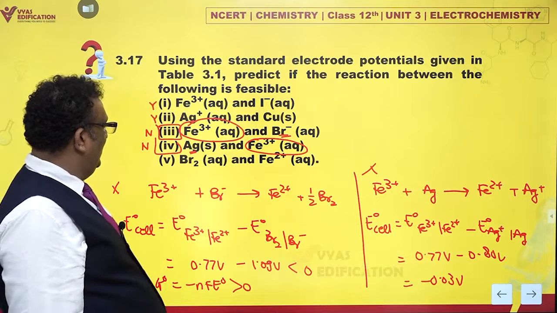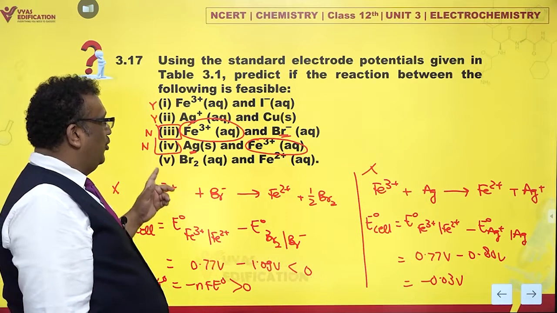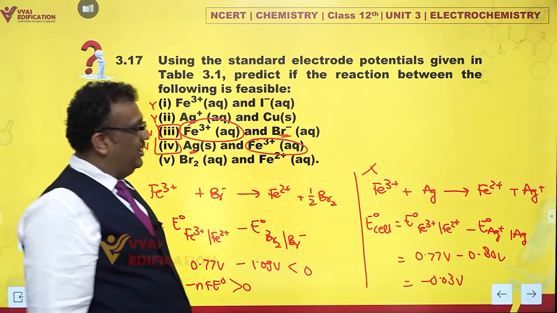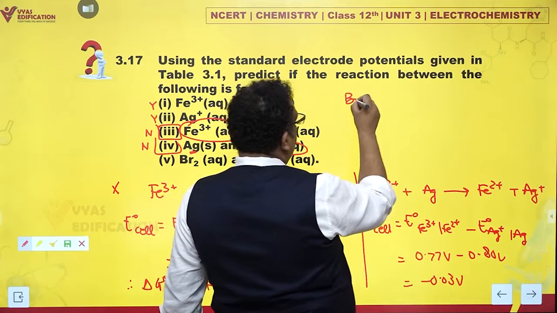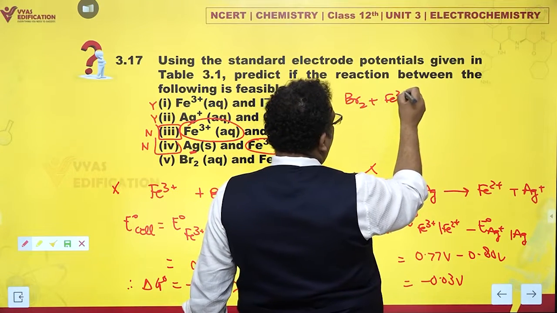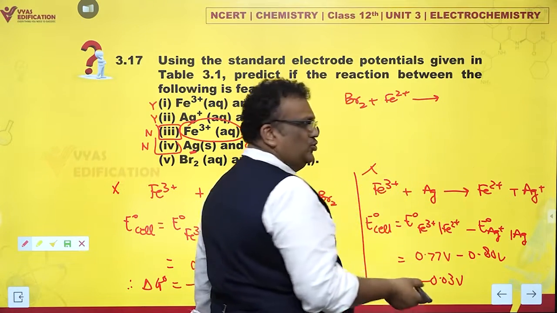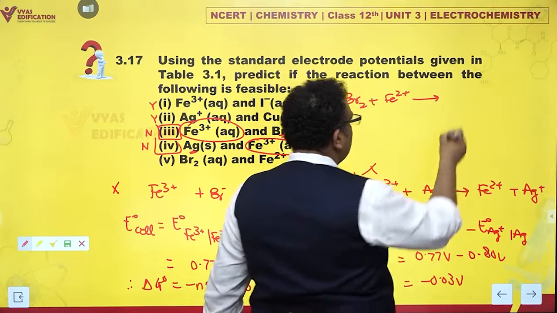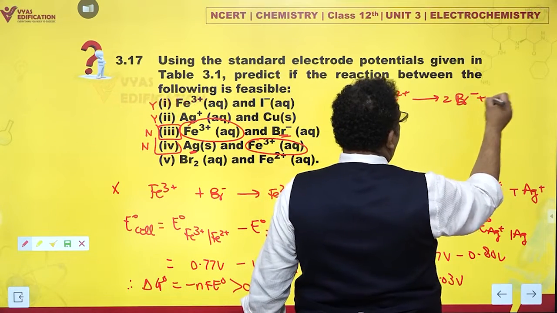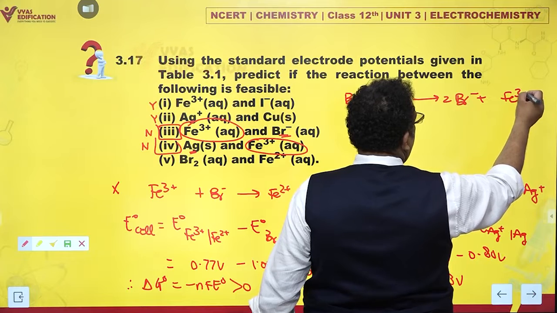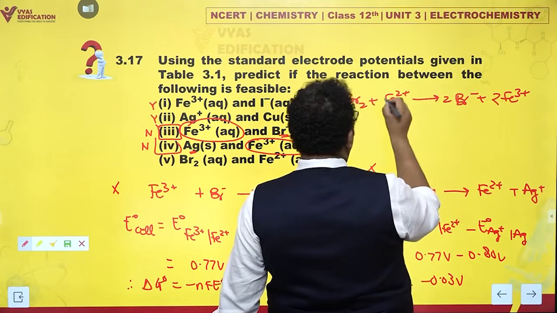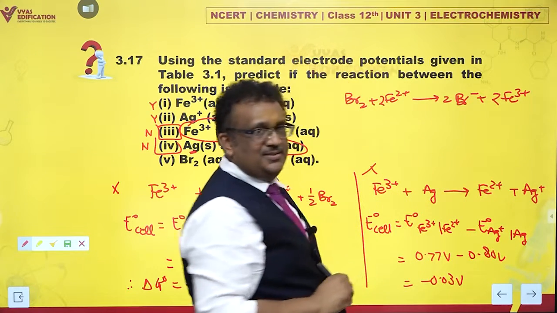Yes, yes, no, no. And the last, bromine and ferrous intend to react. Now, if bromine intends to react with ferrous, what might they do? Well, bromine would get reduced to Br minus, and ferrous would get oxidized. It would give you ferric. Oh, that's nice.